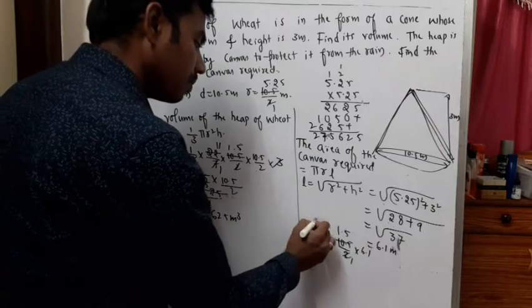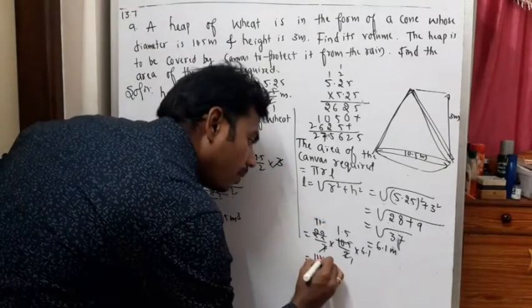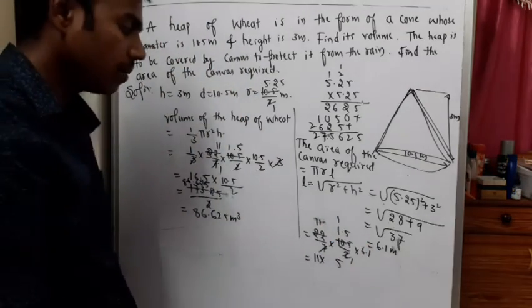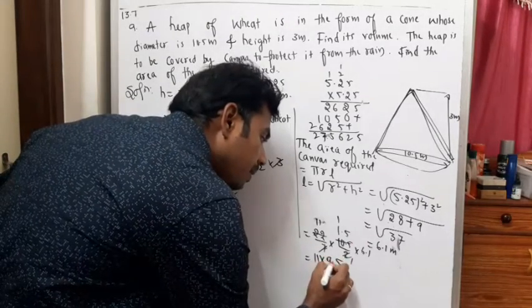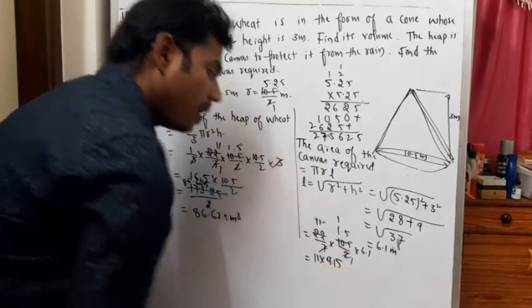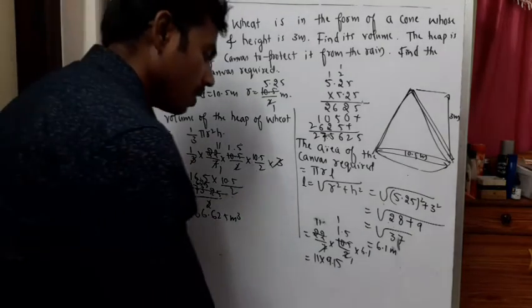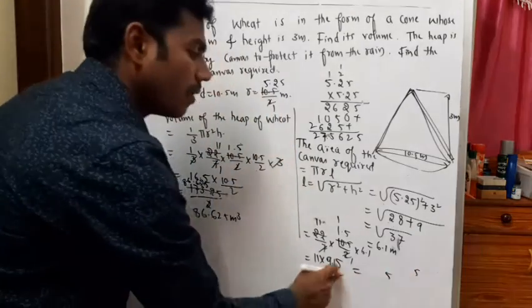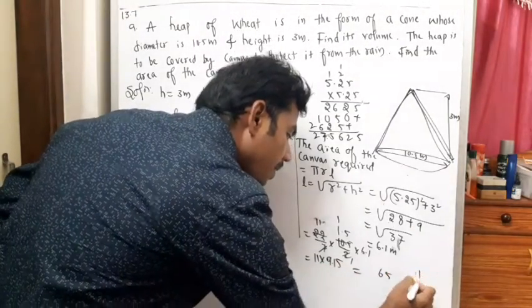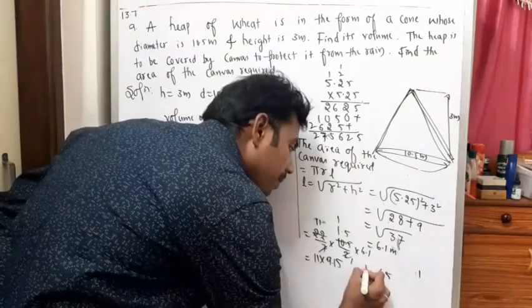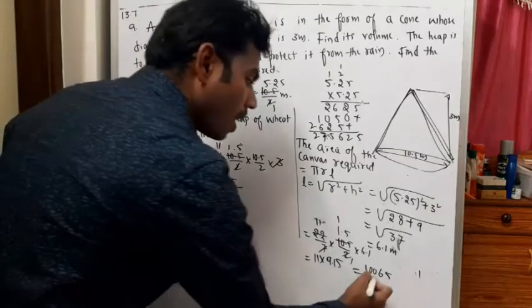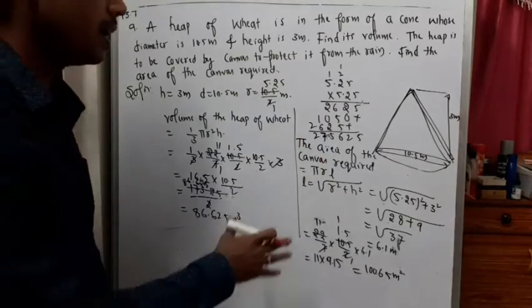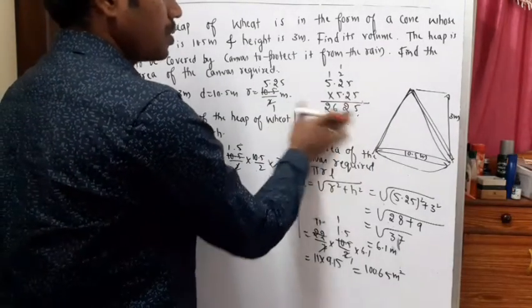Now 11 into 15, 1 5s are 15, carry 1, 15 6s are 90 plus 1, 91, that is 9.15. Now 11 5s are 55, 11 1s are 11 plus 5, 16, 11 9s are 99 plus 1, 100, that is 100.65 meter square. This is the area of the canvas required to cover the heap of wheat. So please note this down.